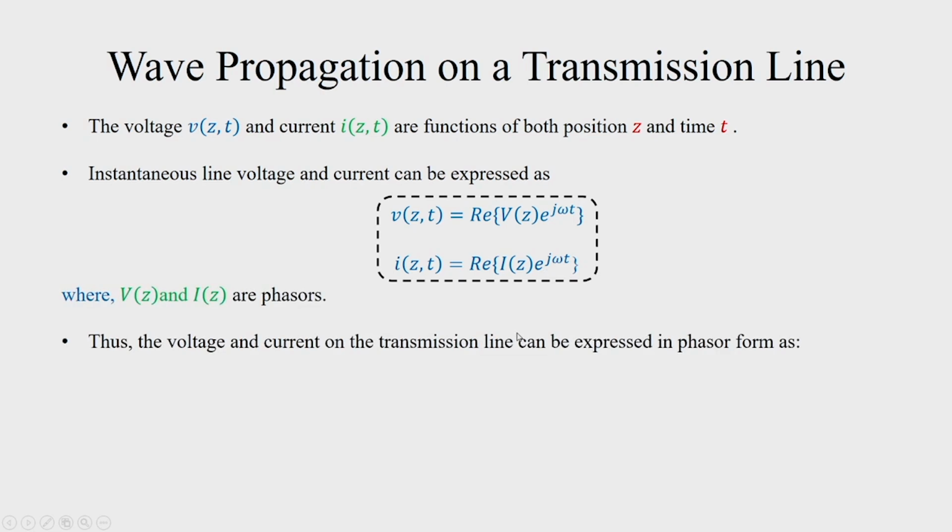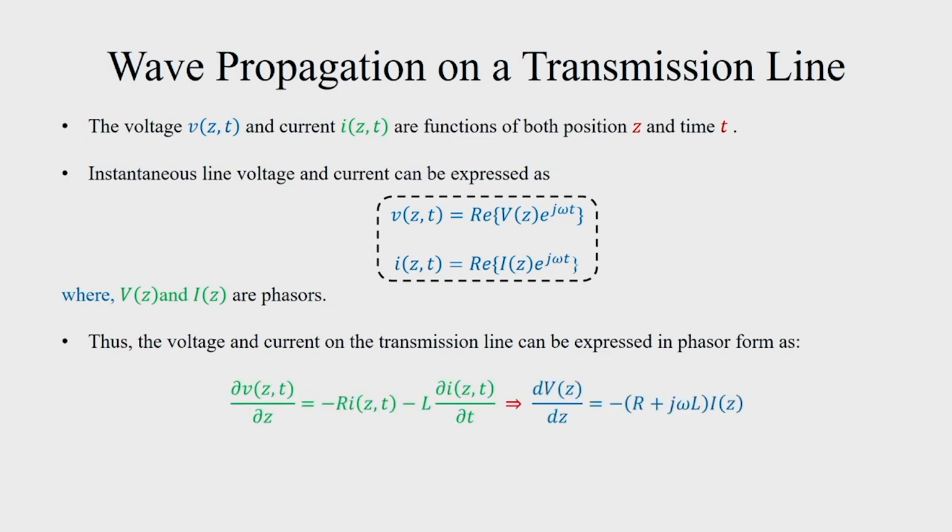Now, the voltage and current on the transmission line can be expressed exclusively in the form of phasors, and we note that the partial derivative with respect to t of e to the power j omega t will contribute this term j omega.